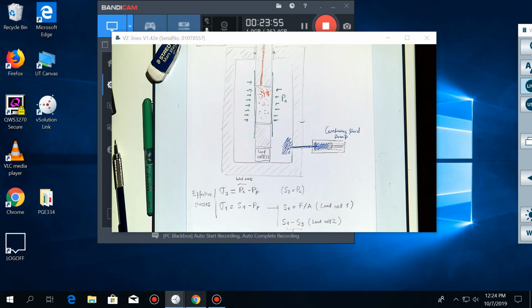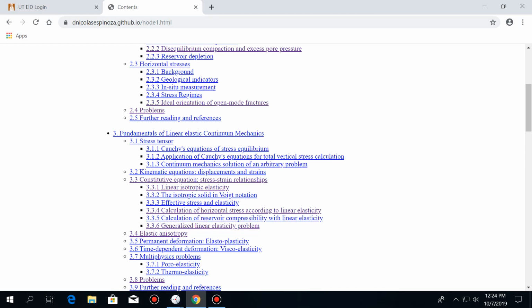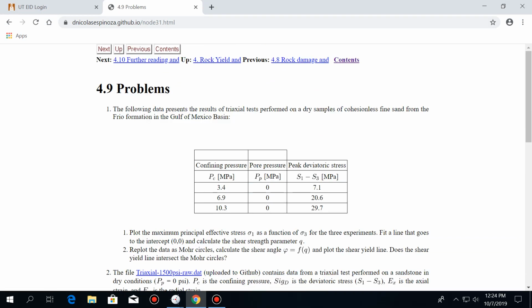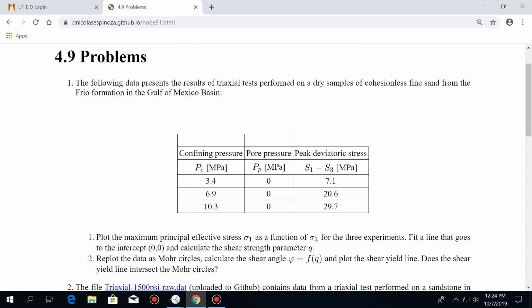So let me see. I wanted to go here. For the first problem, we have an uncemented sand, and if I remember correctly, this is number 5. We have pore pressure equal to 0, and we have deviatoric stress, and this is the maximum value at failure.